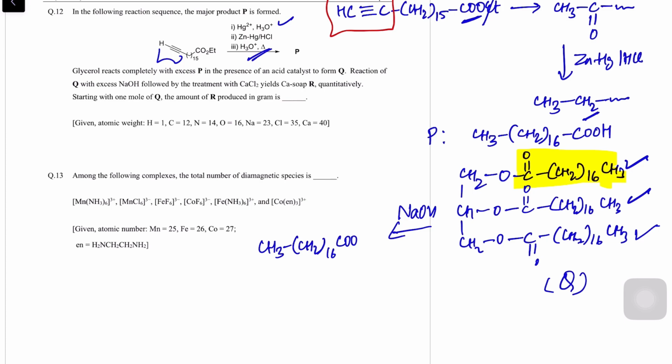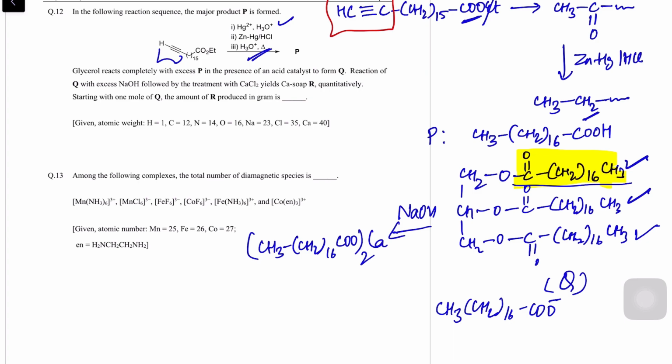This is COO twice and calcium. When you do the saponification, the carboxylate will separate as CH3 CH2 16 COO minus, right? So they will form soap with calcium chloride.